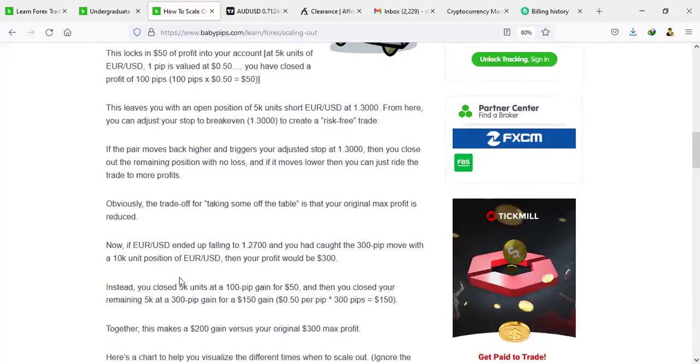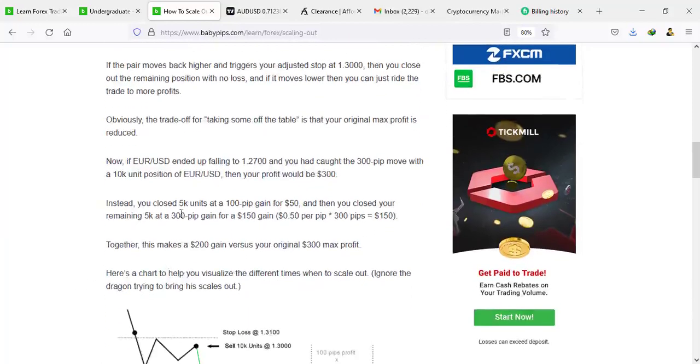Now if Euro USD ended up falling to 1.2700, and you had caught the 300 pip move with 10k units, then your profit would be $300. That's if you didn't close out any of the units. But in this case, you took out 5k units at a 100 pip gain for $50, and then you closed your remaining 5k units for a gain of $150. So your overall profit is $200 instead of $300.